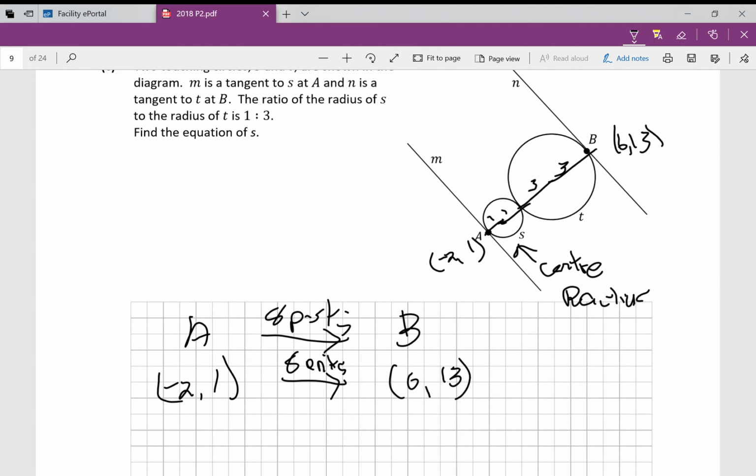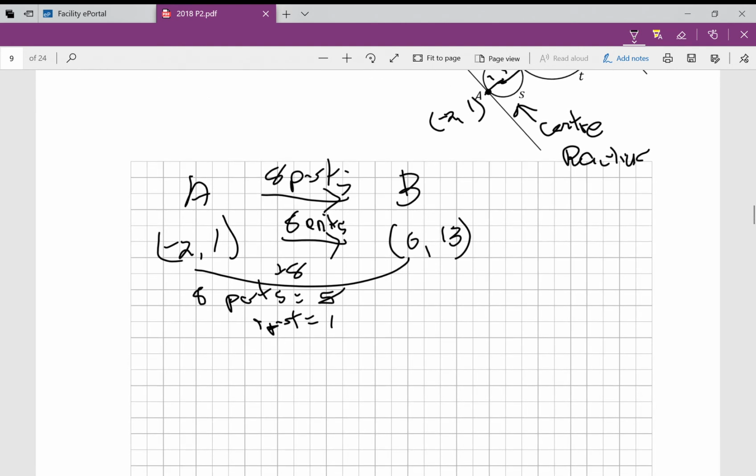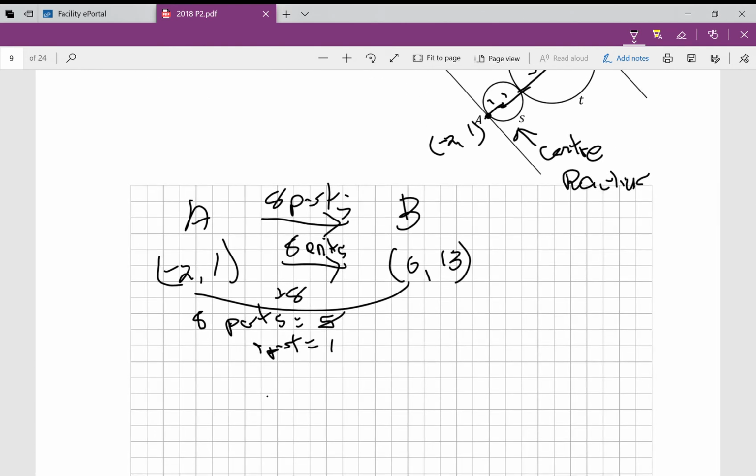On the x's, to go from minus 2 over to 6, you've added on 8. So that's 8 parts, which means one part is 1. To go one part over, I add on 1. I started at minus 2, now I'm over at minus 1.